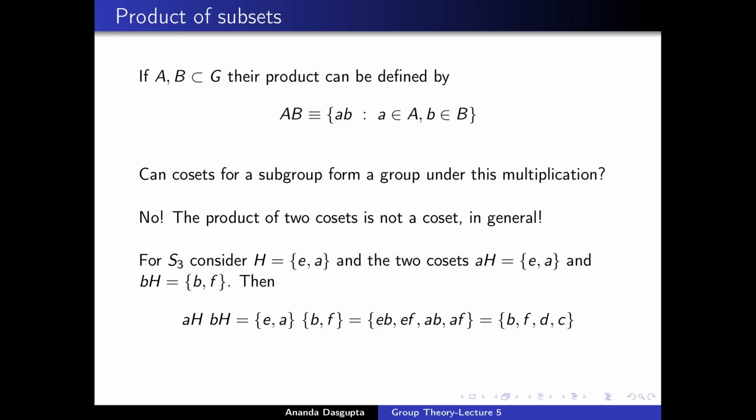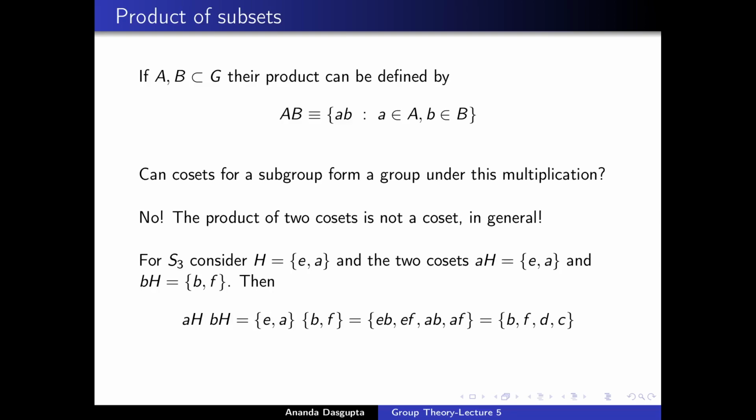Now it is obvious that the result that you have here is not a coset for the subgroup H, simply because all cosets of the subgroup H must have the same number of elements as the subgroup H, namely 2, and this one obviously has 4.